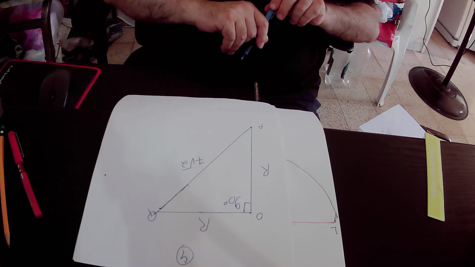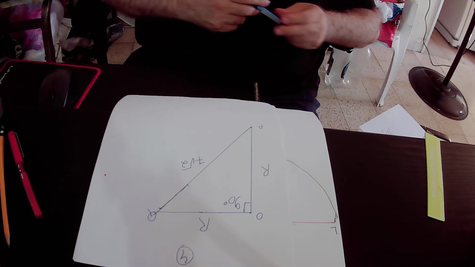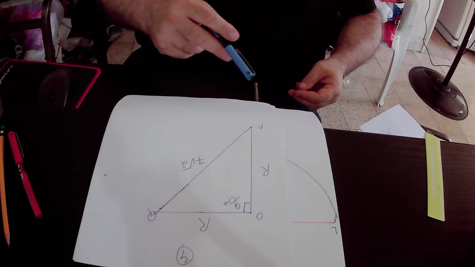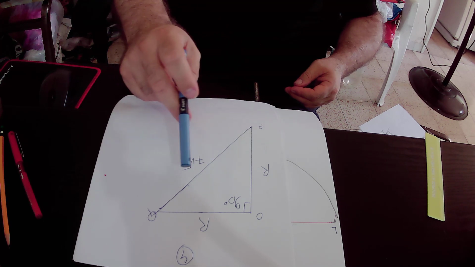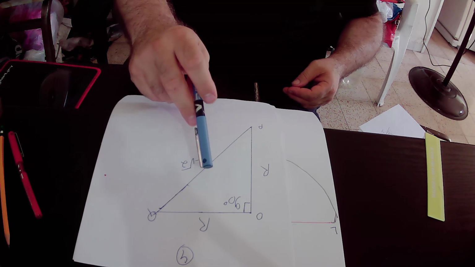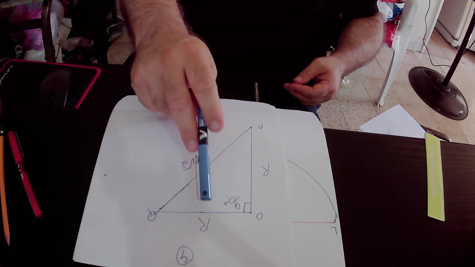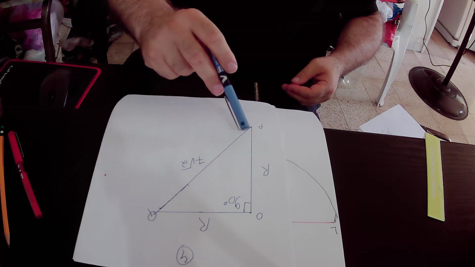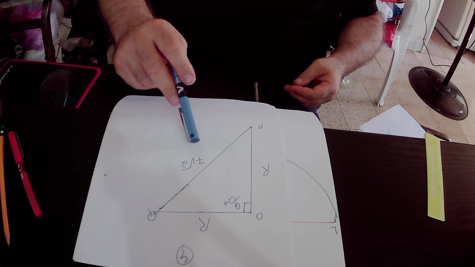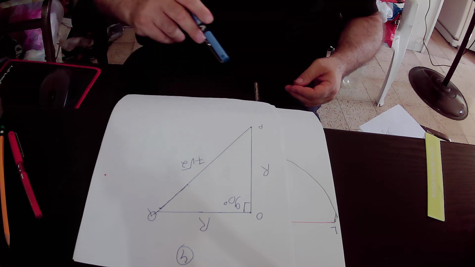As you can see, side PO of the right triangle POQ equals R, and also side OQ of this right triangle equals R, and the hypotenuse of the right triangle POQ equals 7 times root 2.